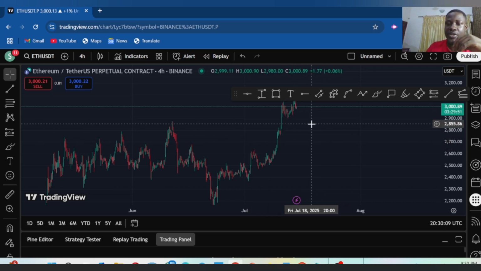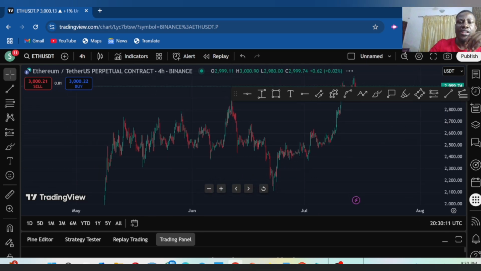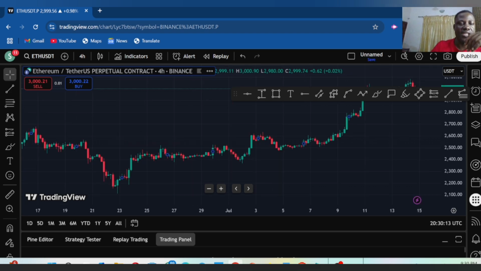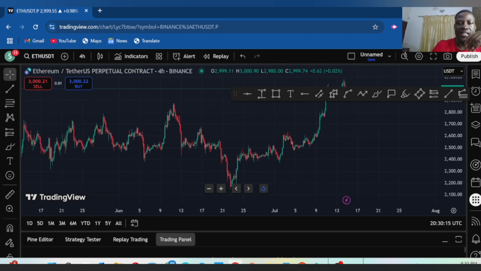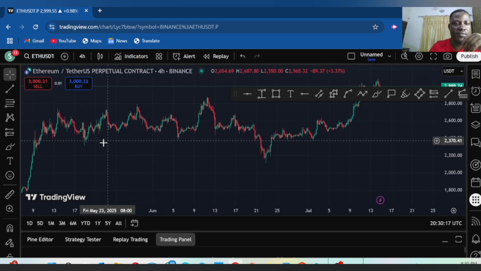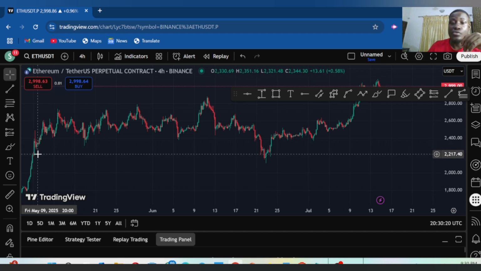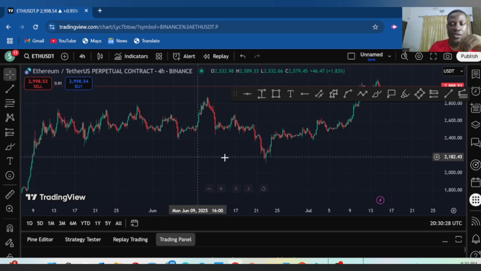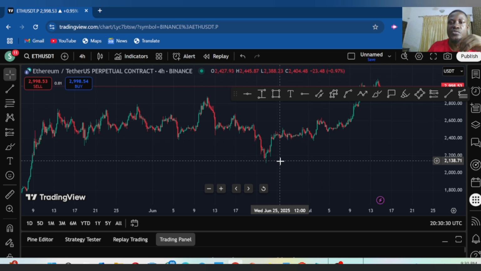But if it is from this level and starts coming down here, what happened here is what? A bearish reversal. So we are saying that this is the Ethereum USDT chart, and if you look here, you will see that there have been zones of reversals or turning points. So we have 1, 2, 3, and this is 4 turning points. So these zones of reversals are the zones that we refer to as what? As support zones.